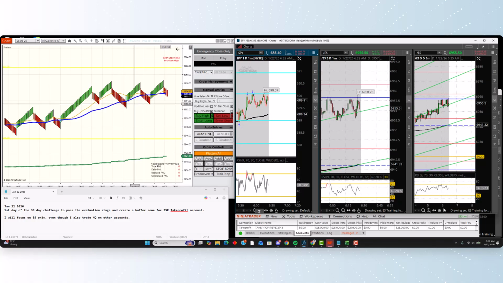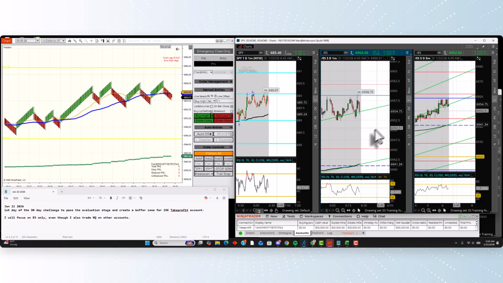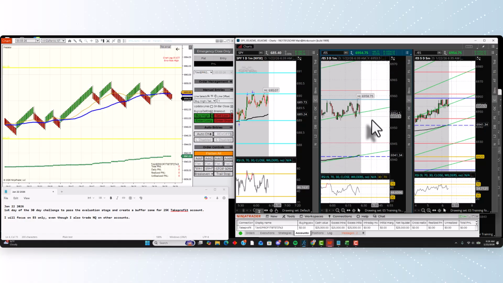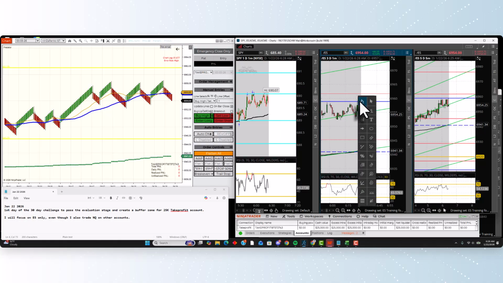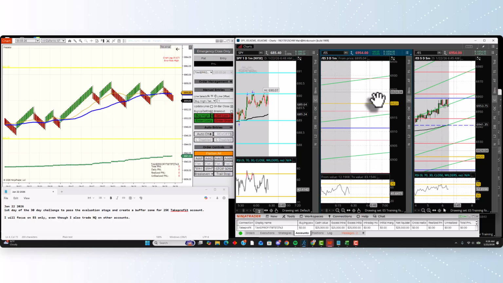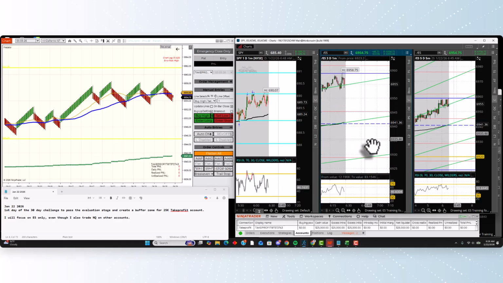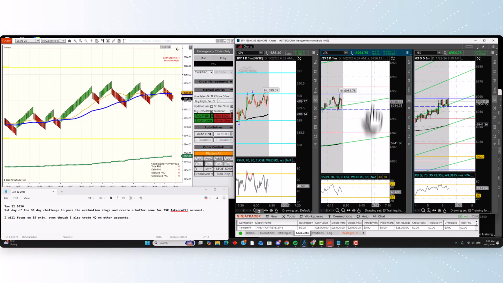Here I'll probably put it on the Ninja as well. The blue line is overnight high, and I've got the overnight low as well. This yellow line is Globex open, and this dotted blue line is going to be the day session open. As soon as it opens, I'll change that.